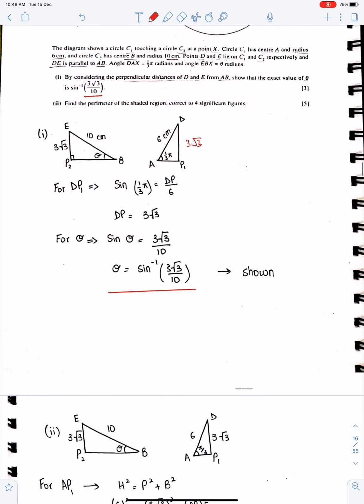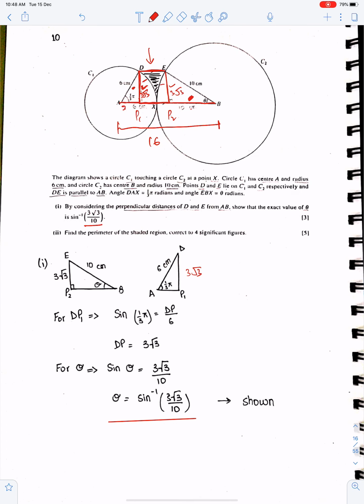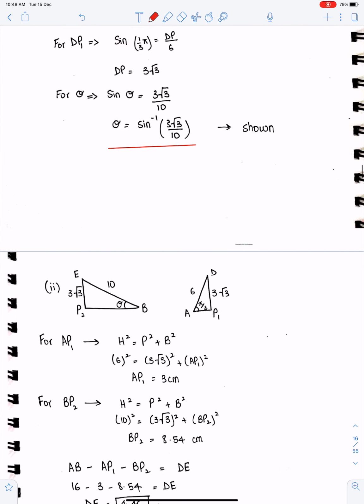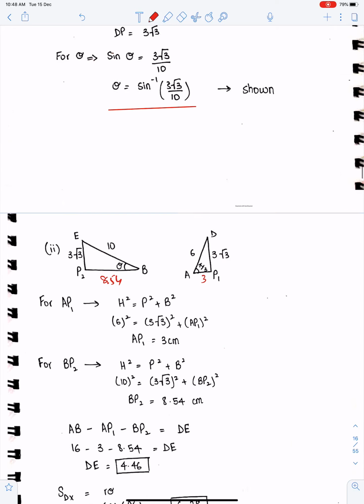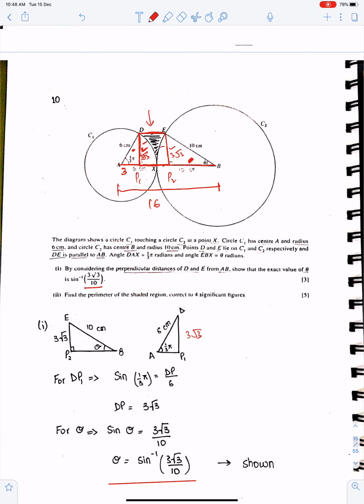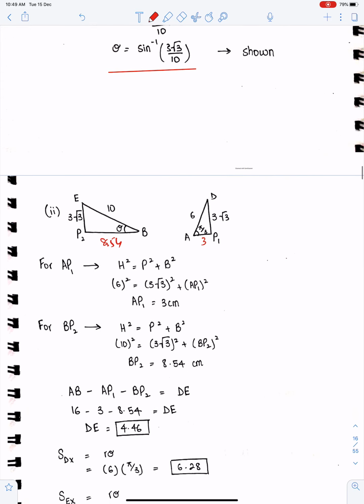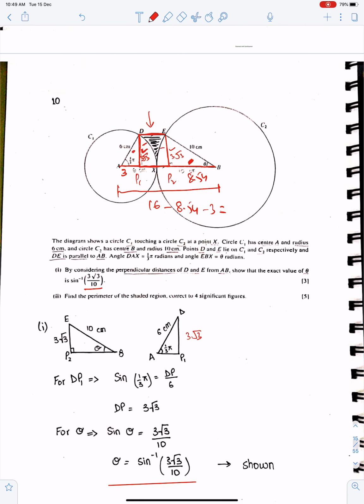So AP1 is 3, this length is 3, and BP2 is 8.54. So 16 minus 8.54 minus 3 will give you the length of DE, which is 4.46.